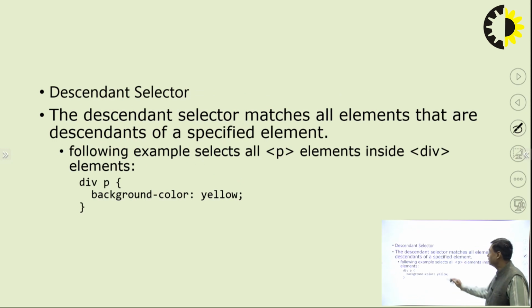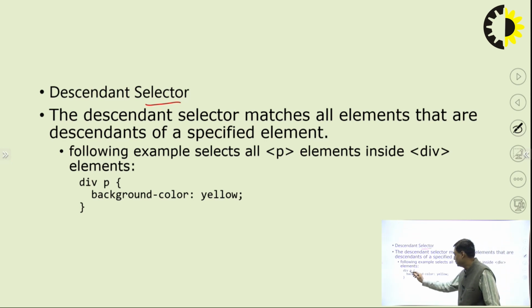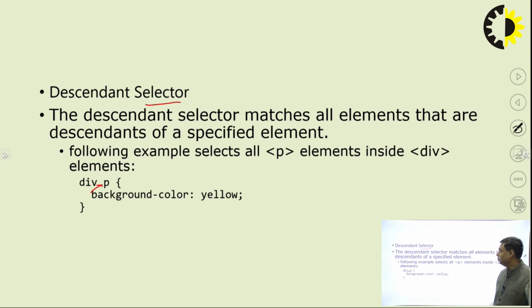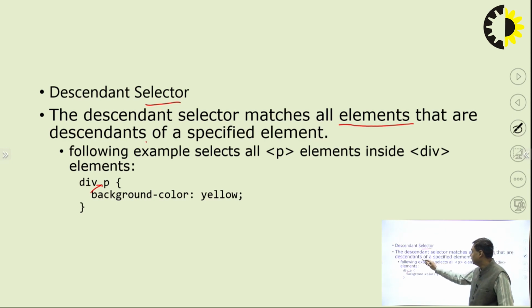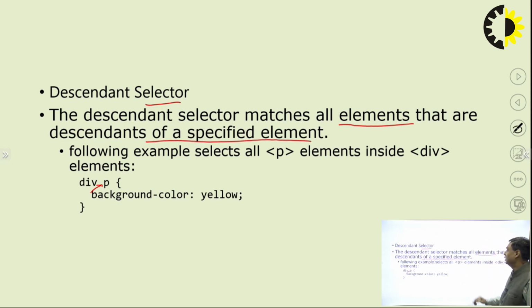The first one is descendant selector. As I discussed, in case of descendant selector, we use the space. So here space, div is an element, p is an element, and there is a space between both the elements. So meaning of descendant selector is that it will match all the elements that are descendants of a specified element.